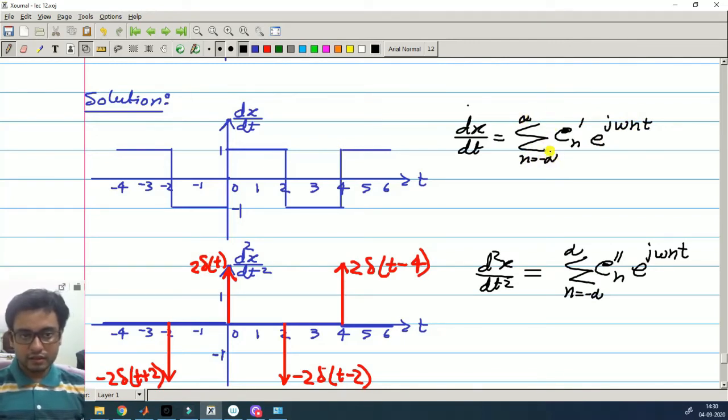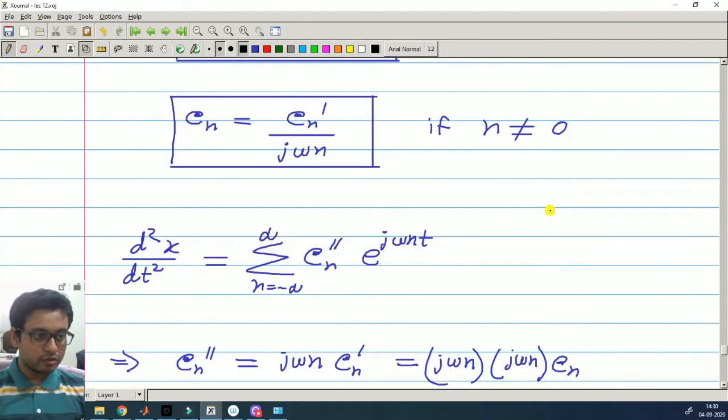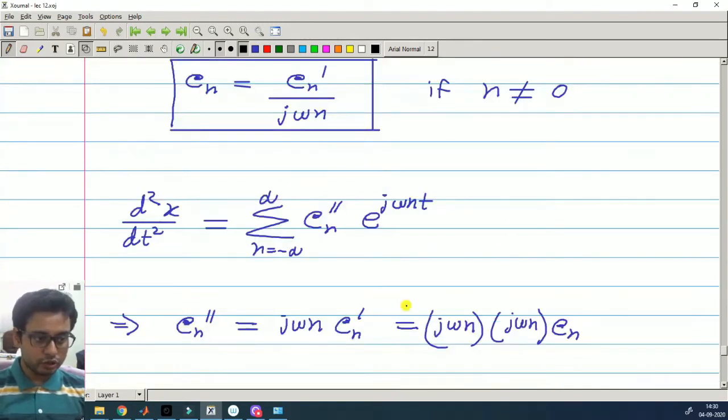Then this Cn prime will be given as Cn double prime divided by j omega n. This is true because of this.